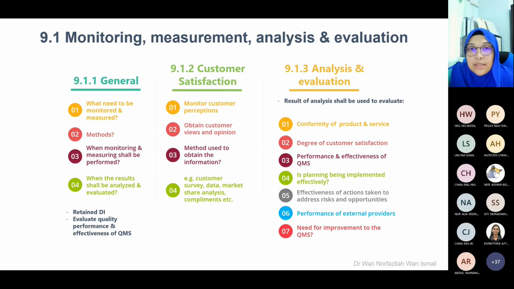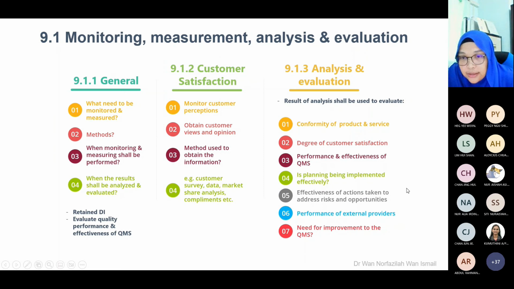Do analysis on the customer feedback. From 50% of customer satisfaction, now you might get 90% because you already did the improvement, you already know your customer requirement, and you are fulfilling their requirements, so the degree of customer satisfaction will increase.